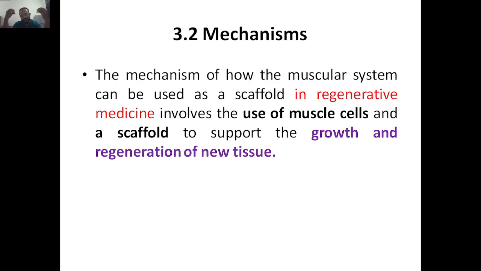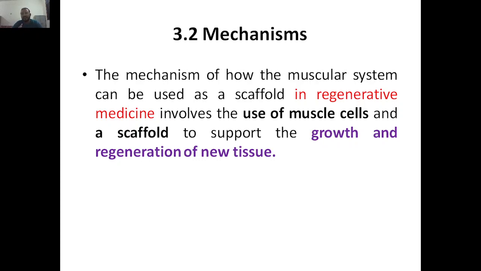Okay, now imagine, why do we have to grow these muscular systems as scaffolds? The reason is very simple, as I explained with the example during the introduction. If any muscles have been damaged, maybe because of an accident, or genetic issues, or some disorders, or if some muscles are not working properly, or because of skin burns or any kind of issue, if any tissues are gone or muscles are not functioning, then we have to replace them with normal cells, right?